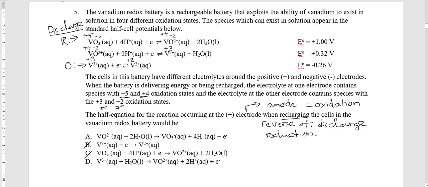I'm going to change this a little bit so that it's easier to see. The oxidation on discharge goes in this direction. The reduction on discharge goes in the forward direction. So if we are looking for the reverse of the discharge reduction, we're looking for VO2 plus H2O going back to VO3 minus. The answer is A. Not too bad, I think.